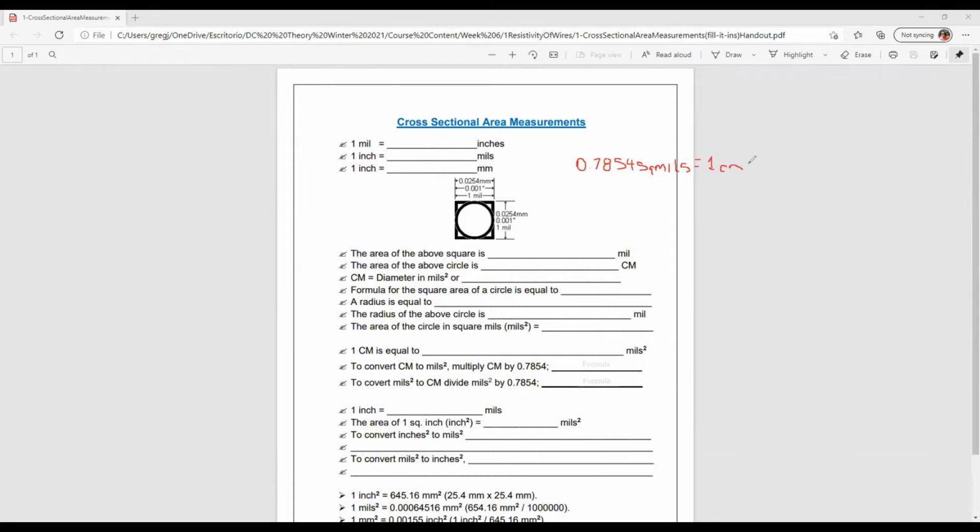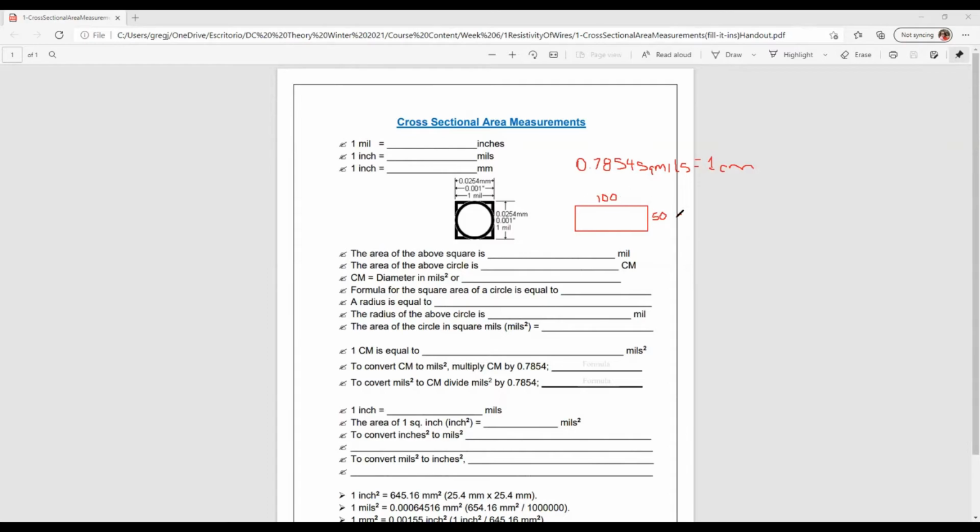So now I'm going to give you an example with something else. Let's say that we had a bus bar, and the dimensions of this bus bar are 100 mils width by 50 mils.